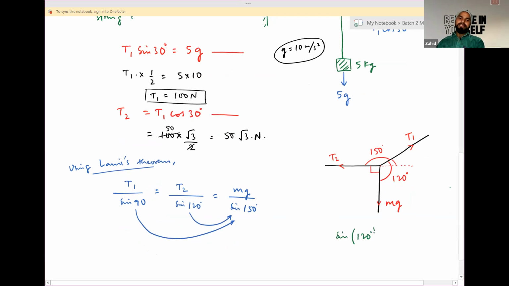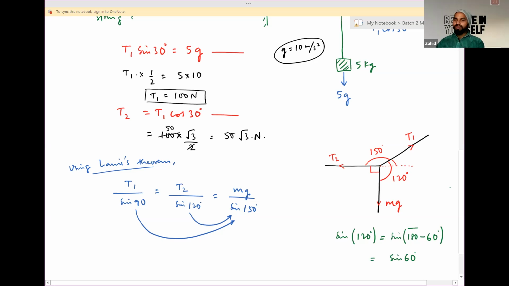Sine of 120 degree equals, first rewrite this angle in terms of 180 degree. So it will be 180 degree minus 60 degree. According to the rule of trigonometry, we may write it as sine of 60 degree, as this 180 degree defines the horizontal line on which there will be no change.